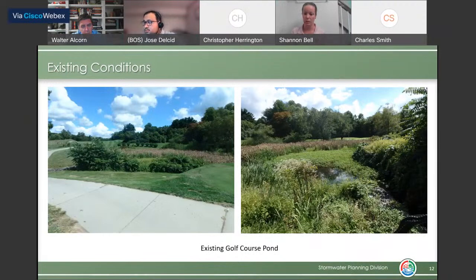We need to install a large pond that's going to be able to help detain the water and then release it at a slower rate into the stream that's on the golf course. Because if we don't install the pond, it's just going to tear through the golf course property and enlarge that stream. So we want to make sure that we're safely outfalling all of this water.